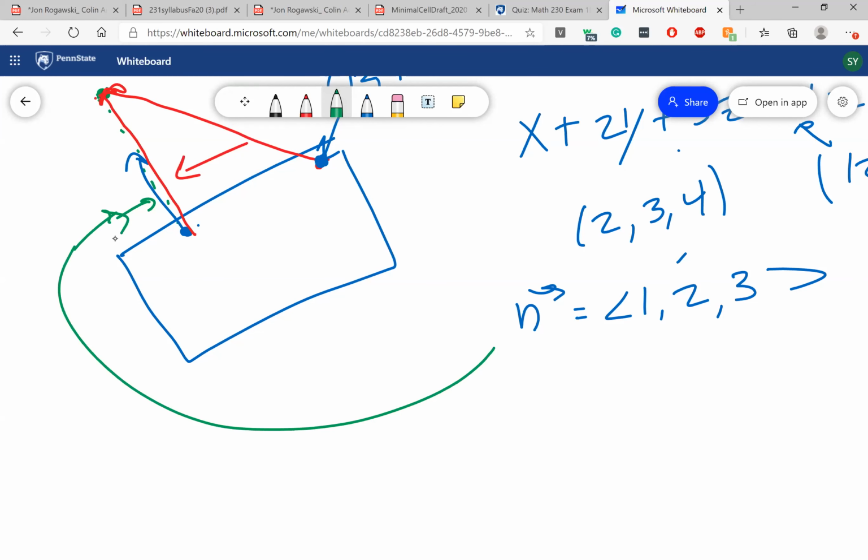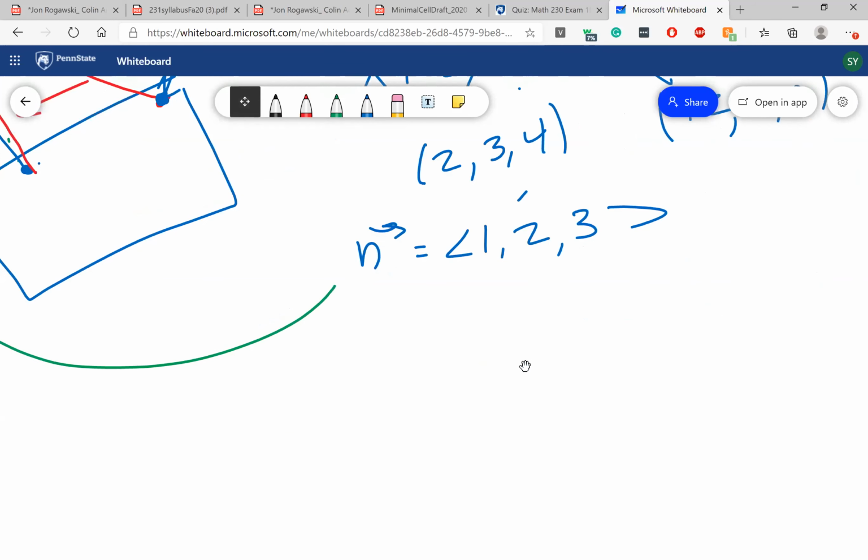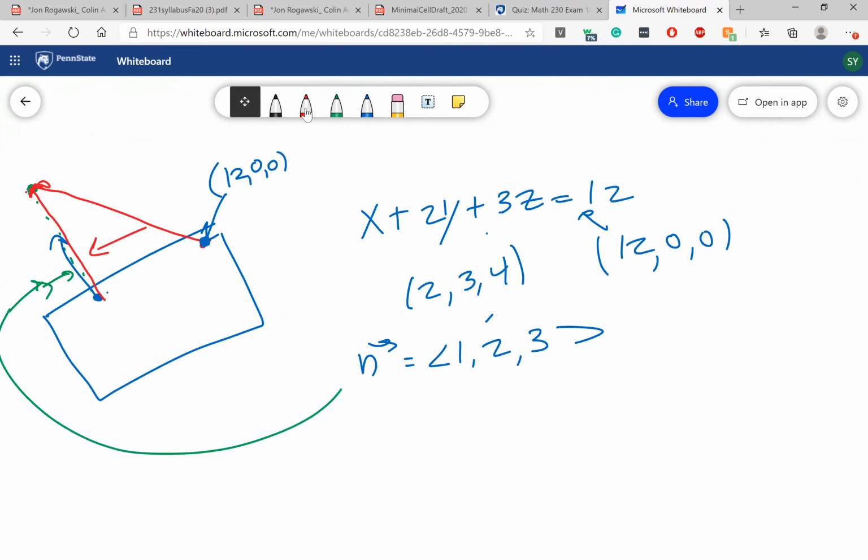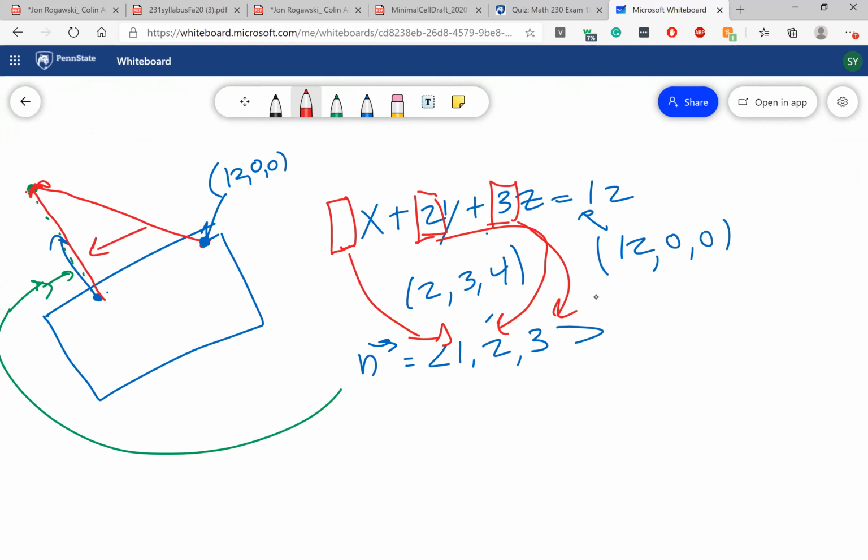Okay, now. Hey, how'd you find the normal vector? You read it off the coefficients over here. So this is the x, 1. And this is the y, and this is the z. And that's your normal vector for your plane.